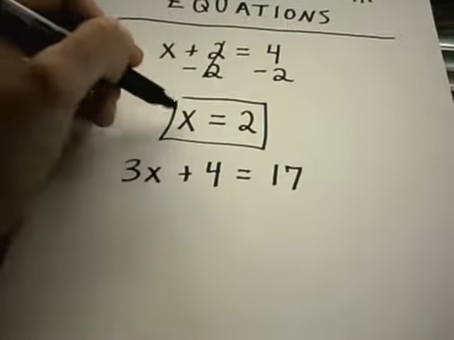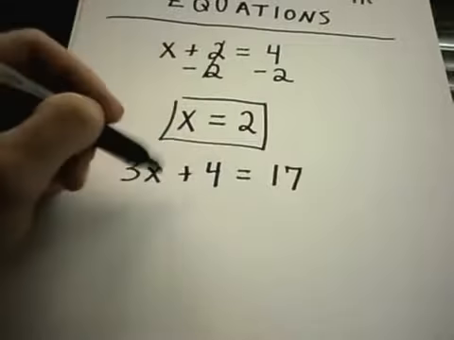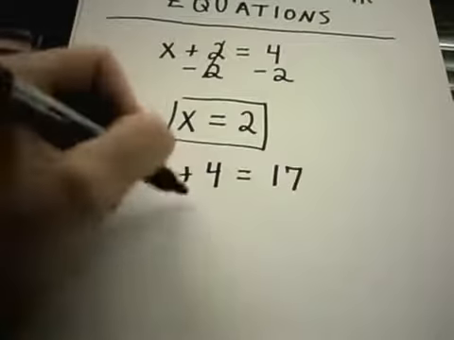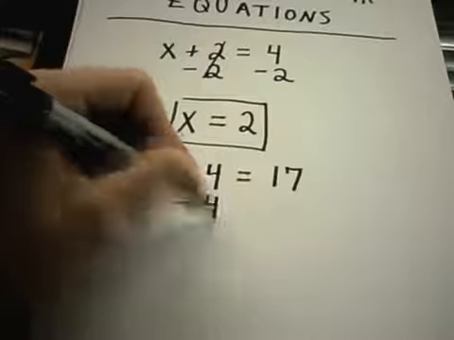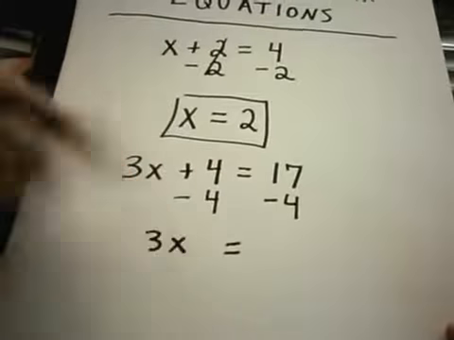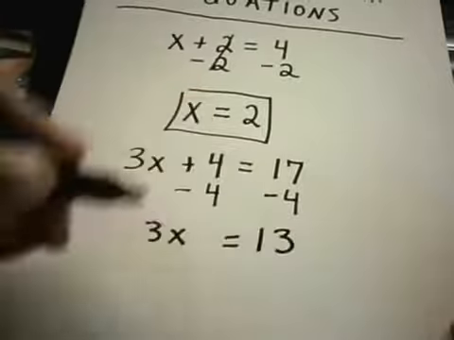So in my head, again, I'm trying to get the x by myself. The first thing I'll do is anything that doesn't have an x attached to it, I'll move that to the other side. So I can subtract 4 from both sides. I'll be left with 3x on the left side. 17 minus 4 is 13.